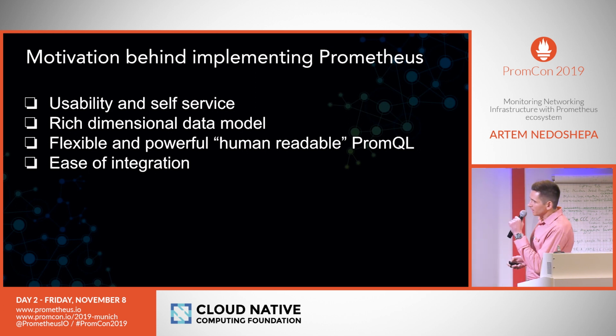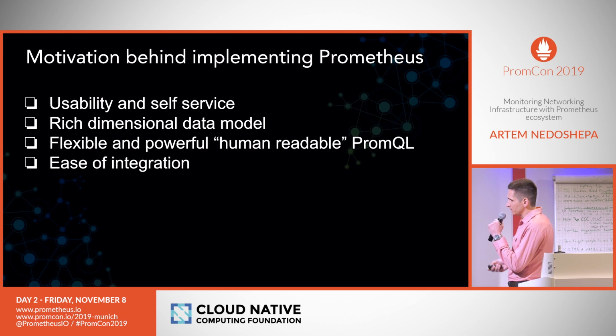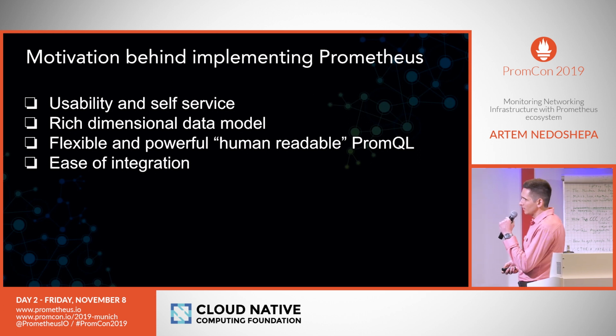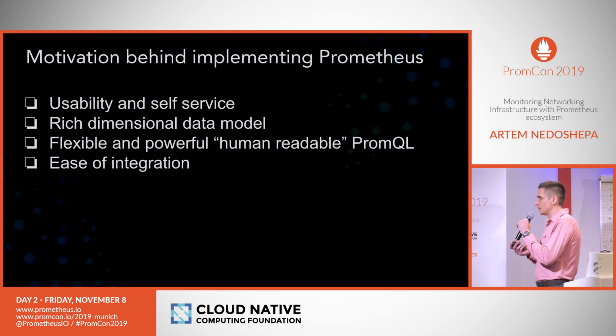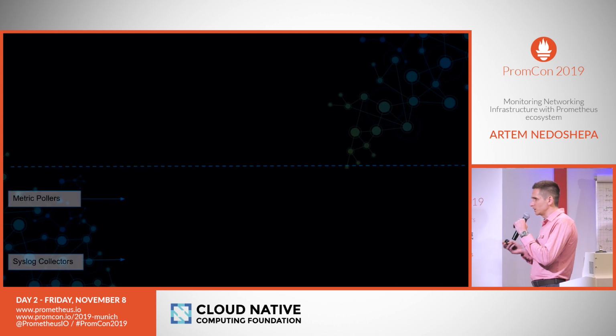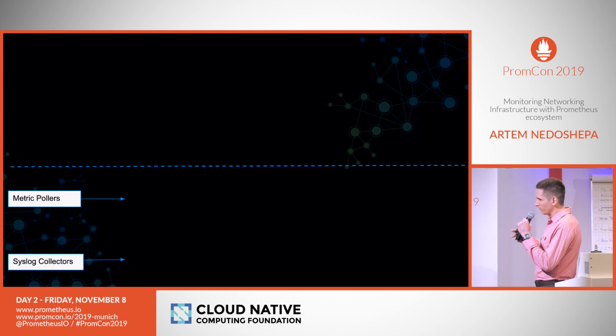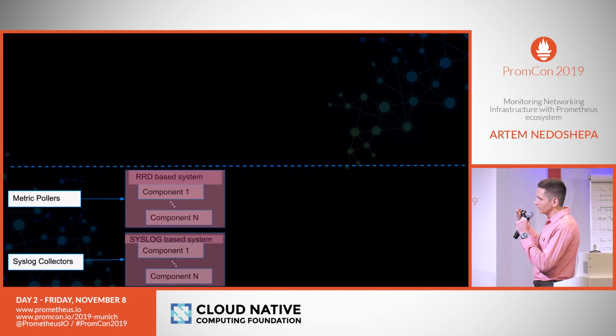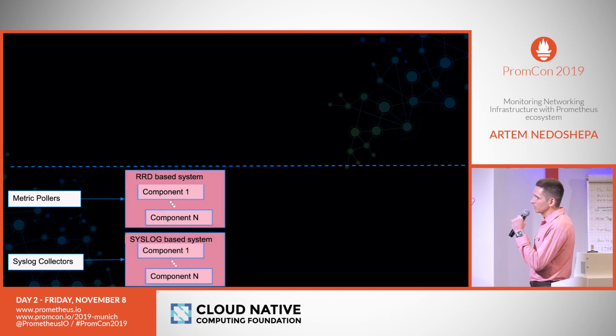So this is an oversimplified view of our existing infrastructure. It's RRD-based systems that ingest metrics. Then we also have syslog, and all of this comes into centralized systems that make sense of both worlds, syslog events versus metric-based events.